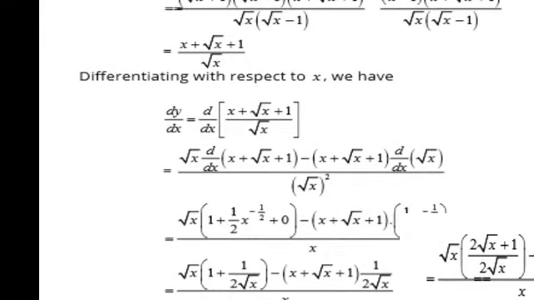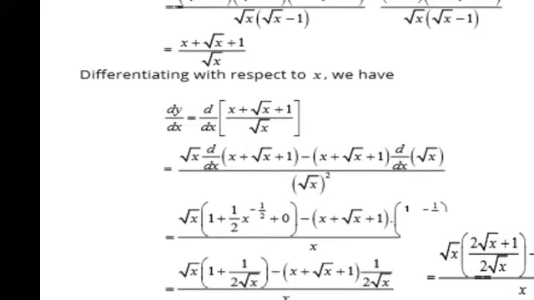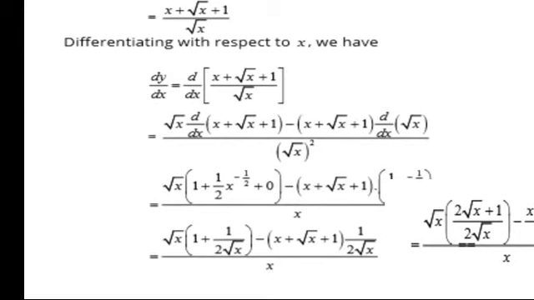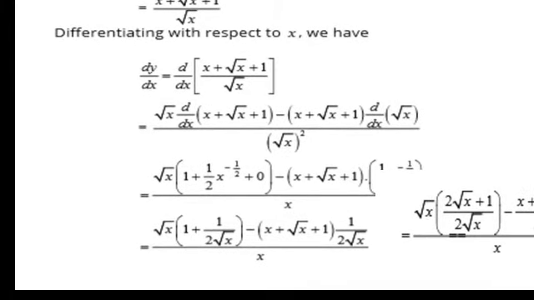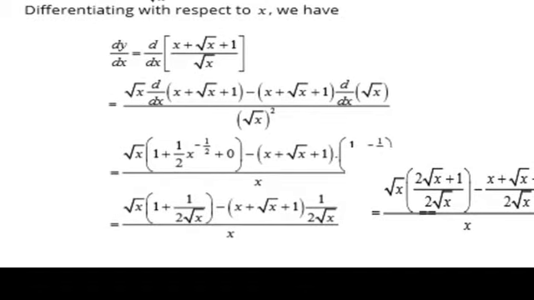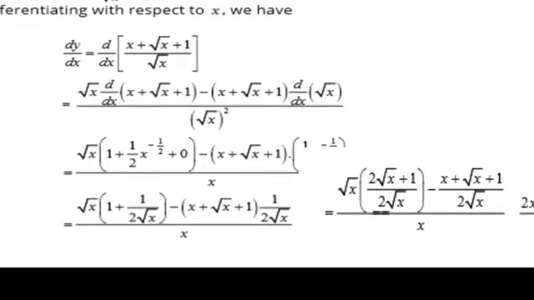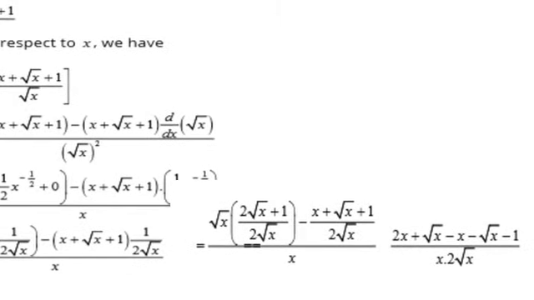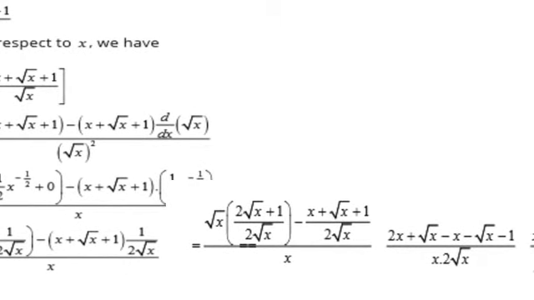We leave the denominator, take the derivative of the numerator, minus the numerator times the derivative of the denominator, over the square of the denominator, and then simplify.